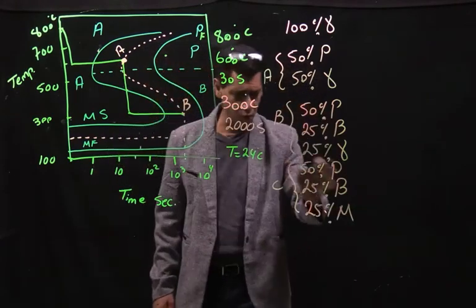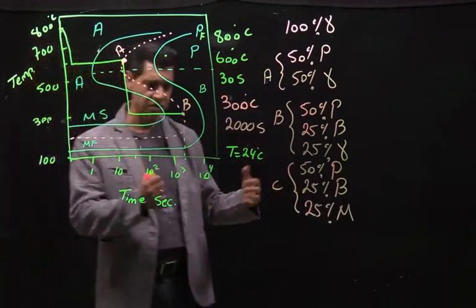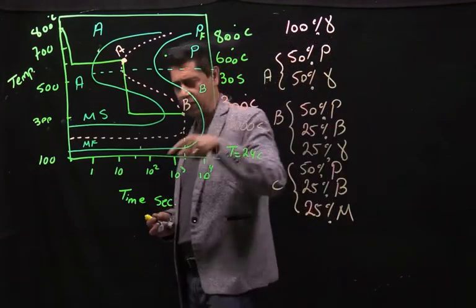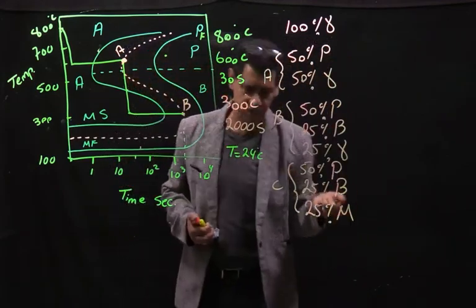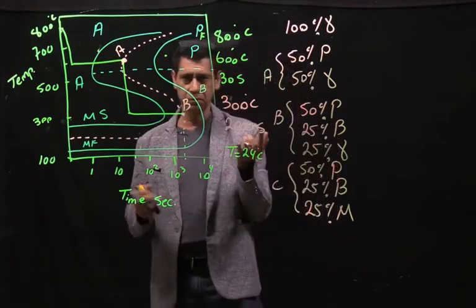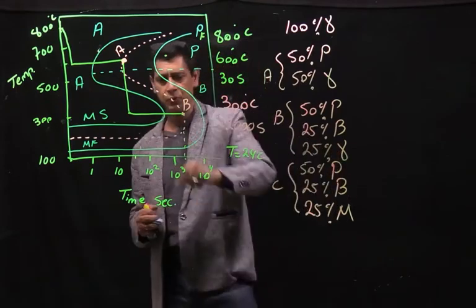This is a very unwanted structure because it has multiple constituents with different properties. It fails as far as ductility is concerned in martensite. It fails as far as strength is concerned on pearlite. So it has two weakest links. So that's unwanted. But this is what we get here.